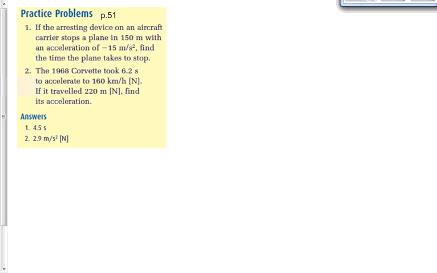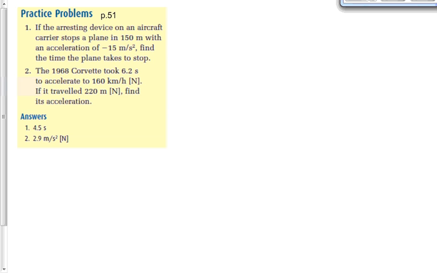Okay, let's take a look at the first one here. If the arresting device on an aircraft carrier... Sometimes our problem is, as much as we might not realize it, it's just the wording of something, like a term that doesn't make sense. I always give you a chance to read a question first, and then we go over a question. Well, you've read this. Ask me if there's a word that doesn't make sense. The arresting device on an aircraft carrier?